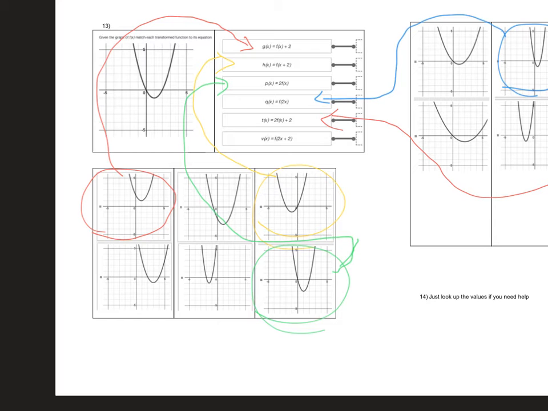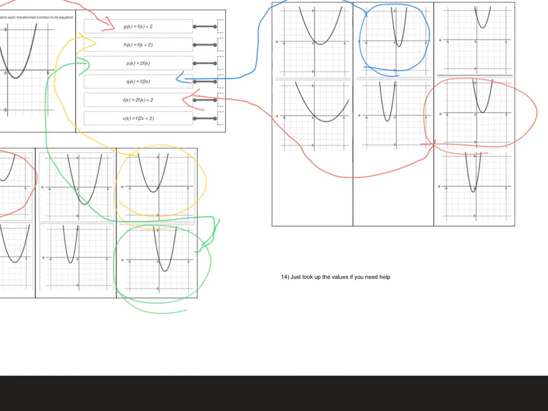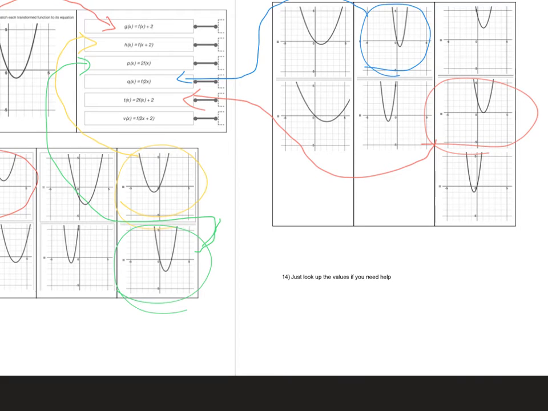Let's see if we can find that somewhere here. Only one has that correct vertex, this one here. And sometimes that's a little trickier. You might have to check a few other points to see if it works, but in this case, I think it was really just the vertex that we had to check for all of these ones.